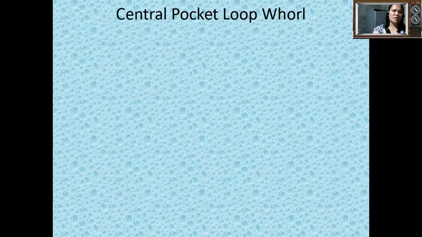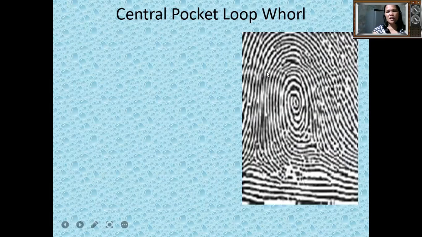Let us take a look at the central pocket loop whorl. By the term alone, pocket, it means that it is located inside the innermost part of the whorl pattern. Let us take a look at this image. This is the circuit. You would notice that it is located in the innermost part.